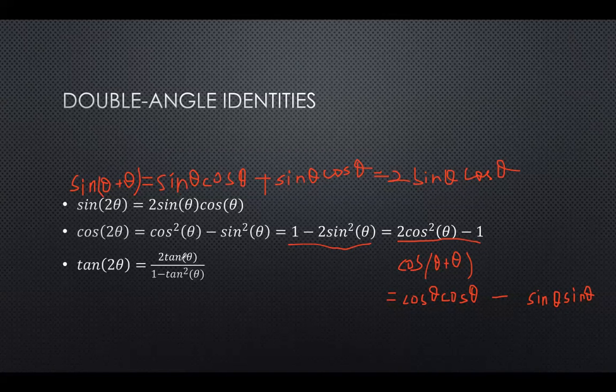And for tangent, the identity reads tangent of 2 theta equals tangent theta plus tangent theta over 1 minus tangent theta times tangent theta.